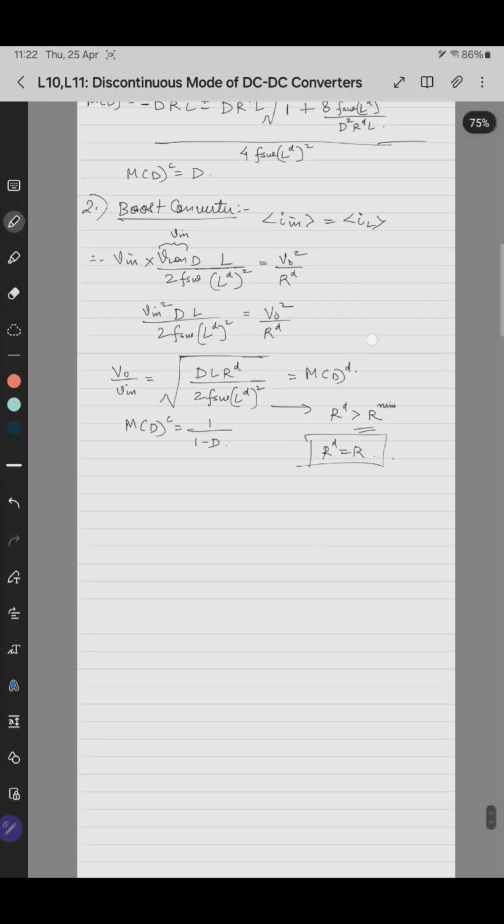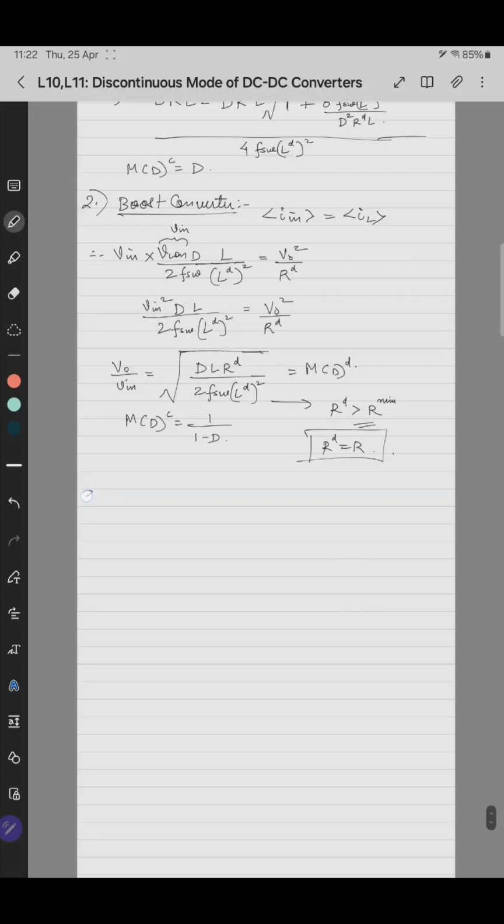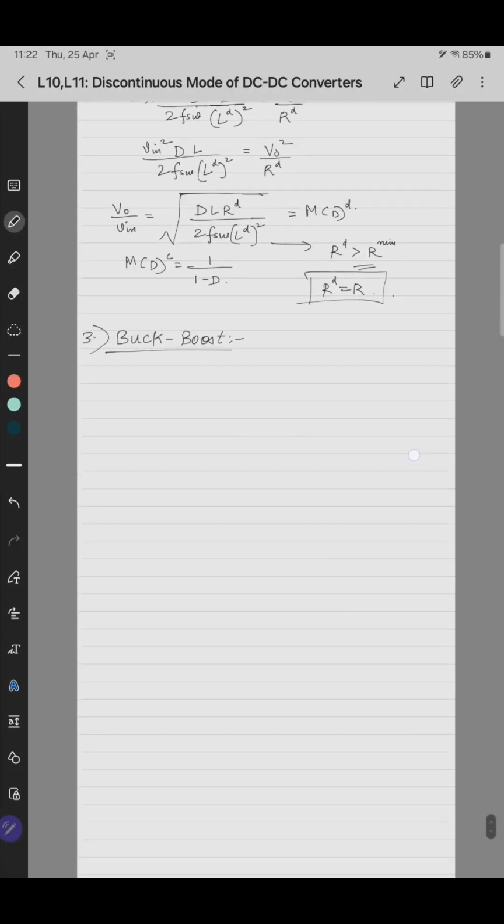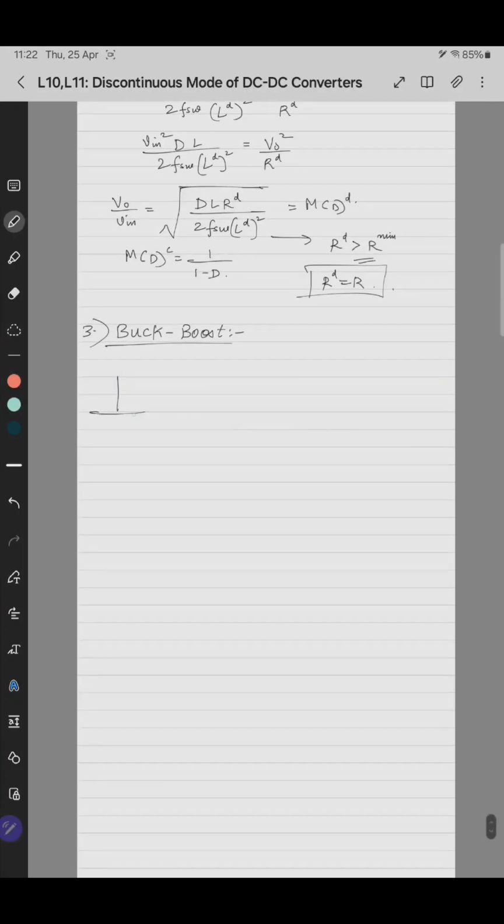So this was for the boost converter. Now let us quickly derive for buck boost. The buck boost converter is like this: input side, then a switch, an inductor placed here, then a diode, then a capacitor and a load.